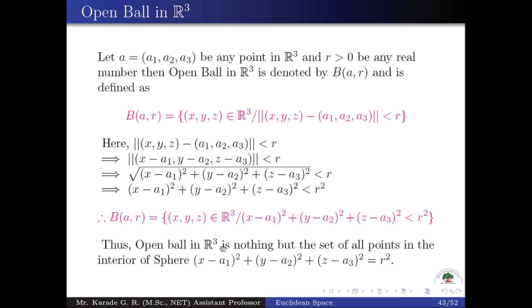This open ball in R3 is nothing but the set of all points in the interior of the sphere. This sphere has center (a1, a2, a3) and radius r. So all interior points of that sphere.